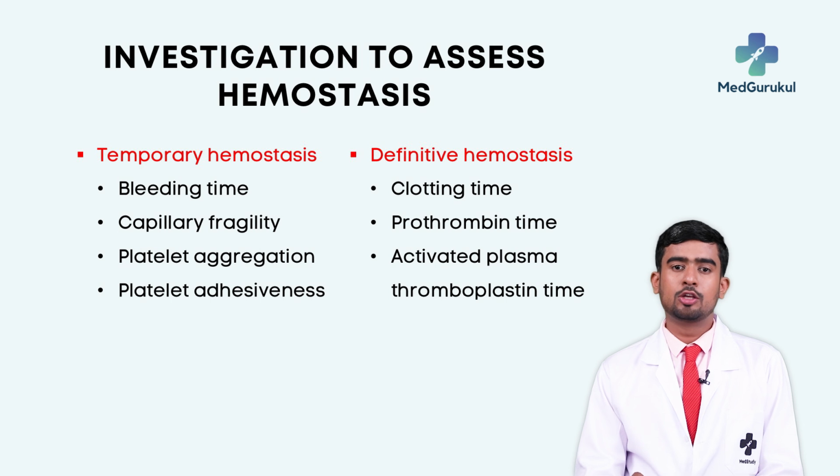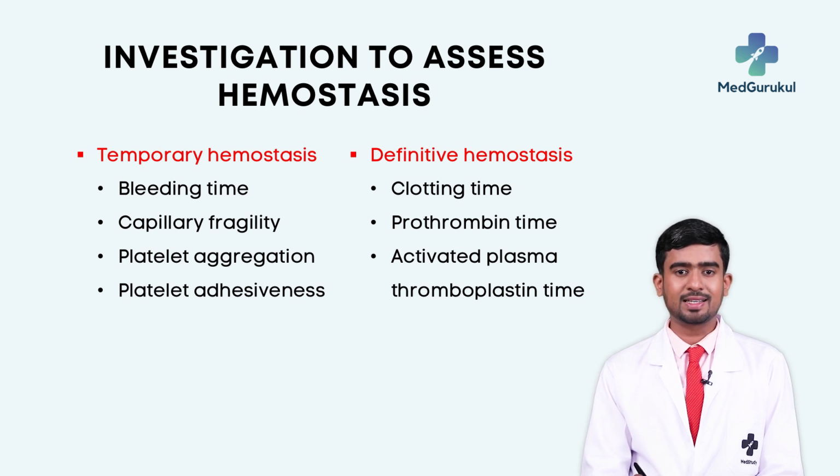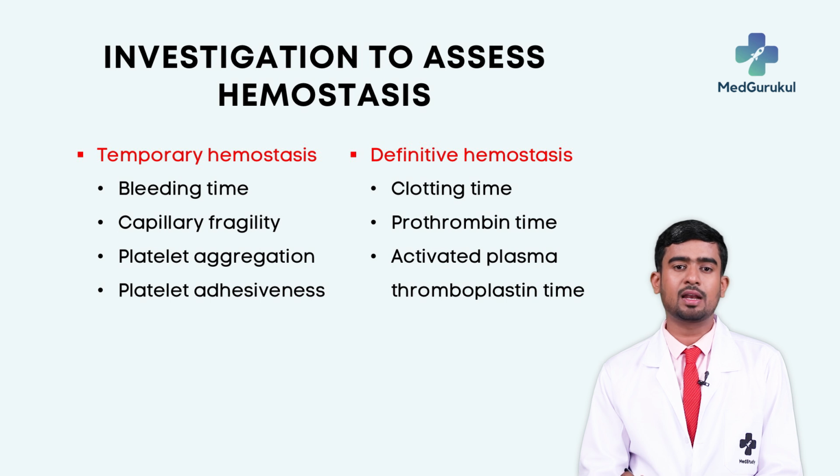of injury. So, based on these two processes, the investigations done to assess the temporary hemostasis are different from the tests to assess the permanent hemostasis. The tests done to assess temporary hemostasis are bleeding time, capillary fragility, platelet aggregation test and platelet adhesiveness test, because these are the activities involved in temporary hemostasis or platelet plug formation.